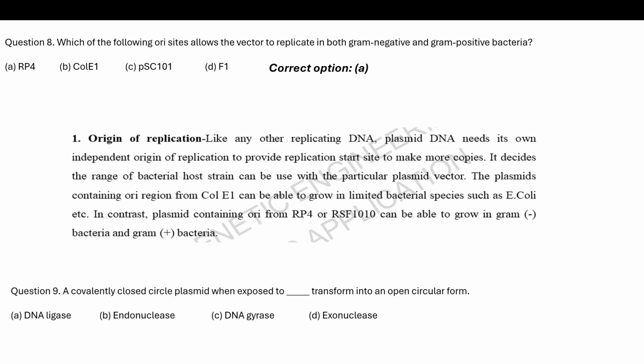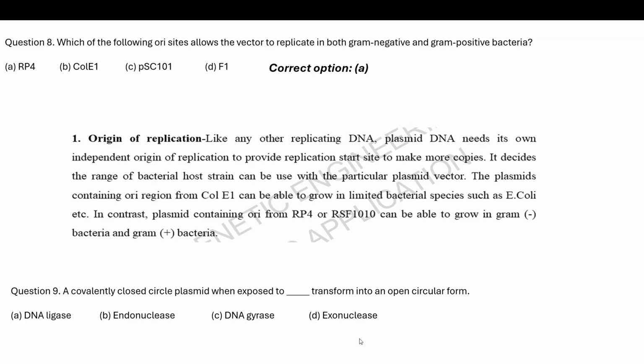Can you repeat it? It will be nuclease enzyme, because it is creating a nick. When it is an open circular form, it is having a nick there, right? Now, whether it's endonuclease or exonuclease?